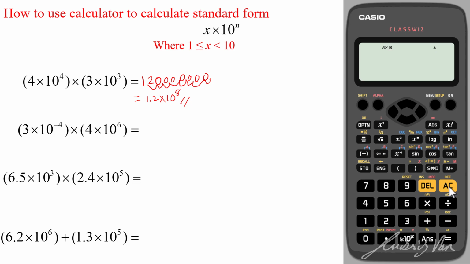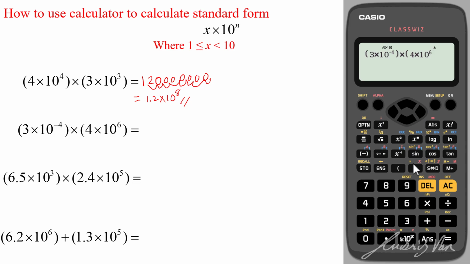So for the second question, we can just do the same thing. Bracket 3 times 10 to the power of negative 4. Negative is here. And press 4. Then we need to move to the right and close bracket. Times open bracket 4 times 10 to the power of 6.